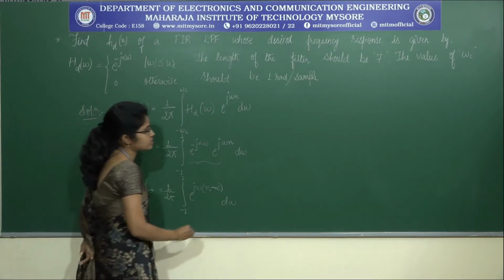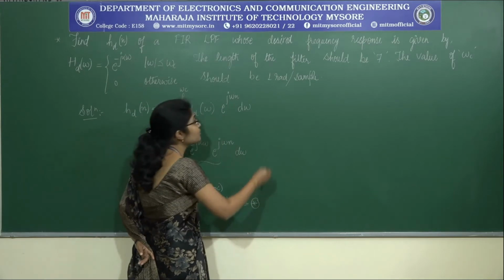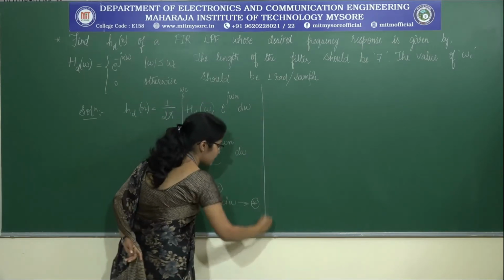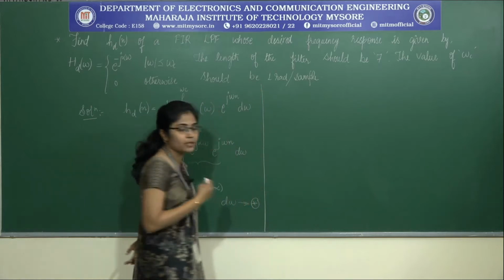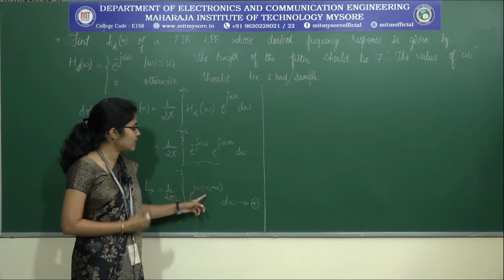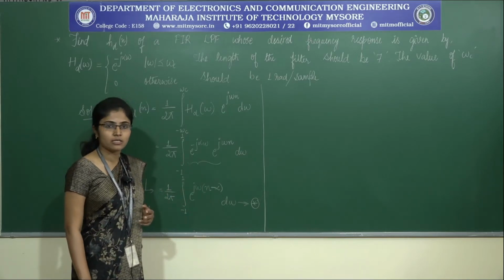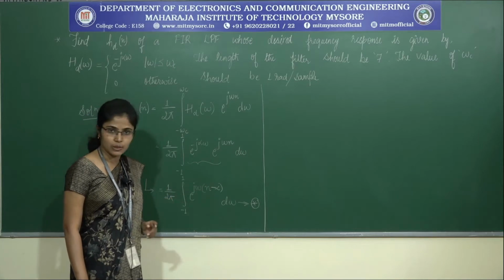Let us term this equation as equation star. Keeping this in mind, let us deal with two cases. In case 1, let us assume the value of n is not equal to alpha. In case 2, let us assume the value of n is equal to alpha.